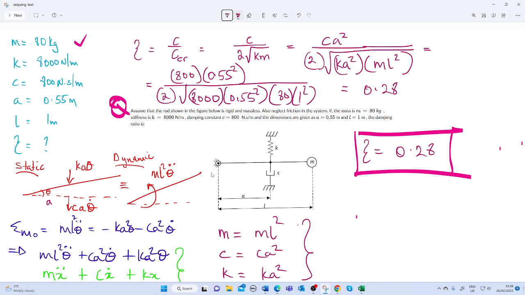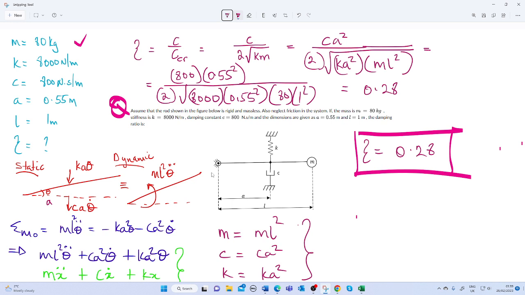Now, by using the static and dynamic schematic point of reference, we can deduce that from the static, the balance equation equals the Ka theta of the spring balancing with the damping Ca theta dot, which we can juxtapose with the dynamic equation of the rotation of the body, which is ml squared theta double dot.